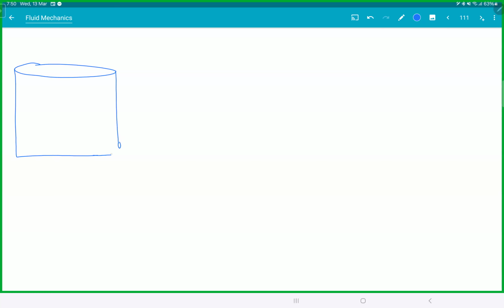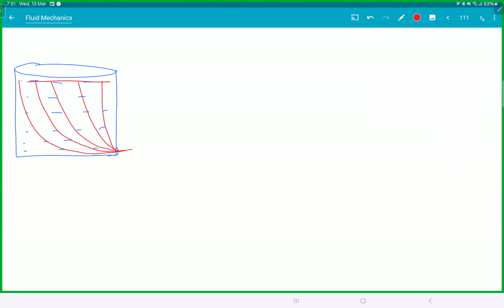So take a small hole here. If you look at the liquid flow, this is how the streamlines are. So the whole liquid is going out like this. Let's call this speed V2 and let the speed here be V1.